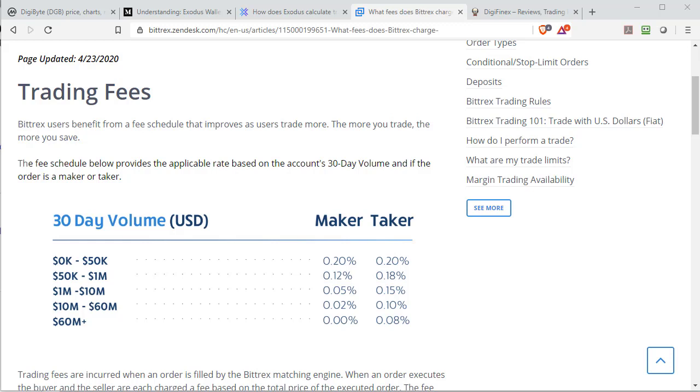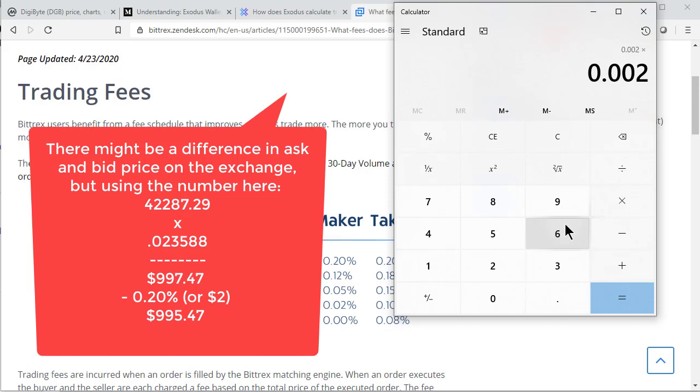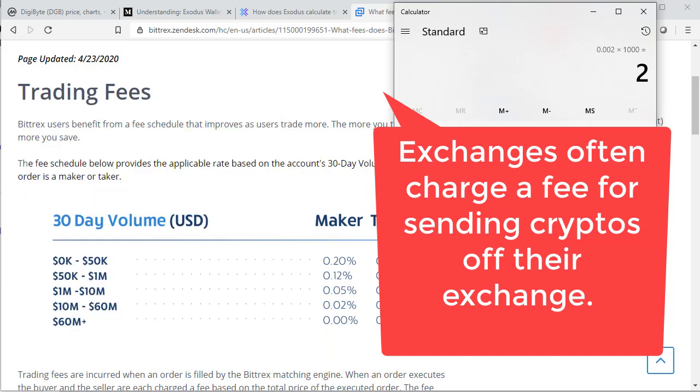So again, if I bring up my calculator now, to do a percent here, we would actually do 0.0020. Or we could use the percent key on the calculator, if that makes you more comfortable, times 1,000. So the theory is my fee would only be $2 if I do it that way. I'm sure there's going to be other little minor fees involved by the time I actually do this.